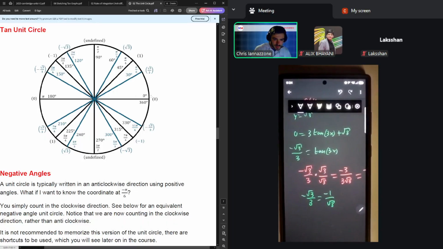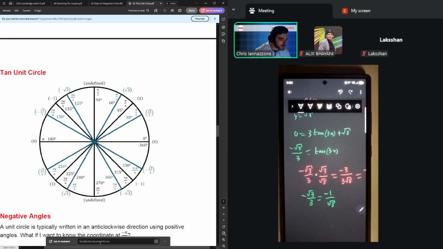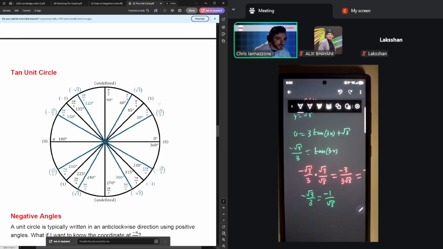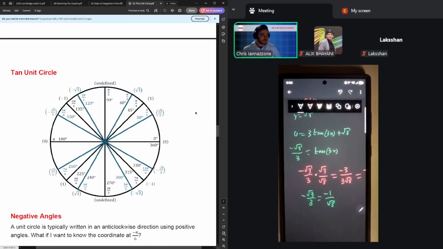But okay, so we need to now know, where does tan equal negative √3 on 3? I have the tan unit circle up on the screen share. There's only one value for you to be looking for, negative √3 on 3. Where are the spots on the unit circle where we have negative √3 on 3?